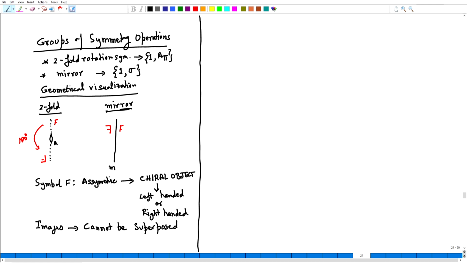Now, actually this turns out to be quite an important property, in the sense that if we look at nature, though we may imagine that if we talk about, let us say, chiral molecules, we may imagine that all molecules which are chiral would have an equal proportion of left handed and right handed versions.